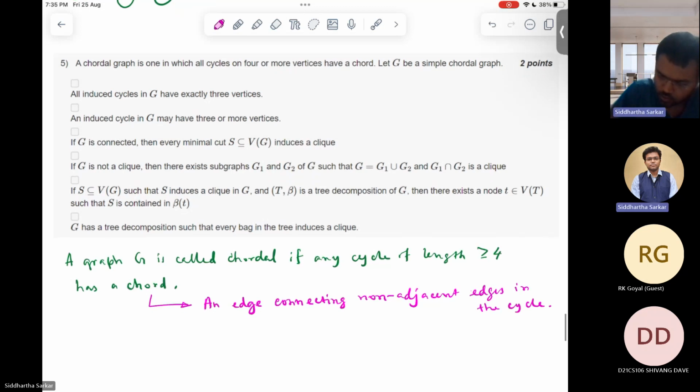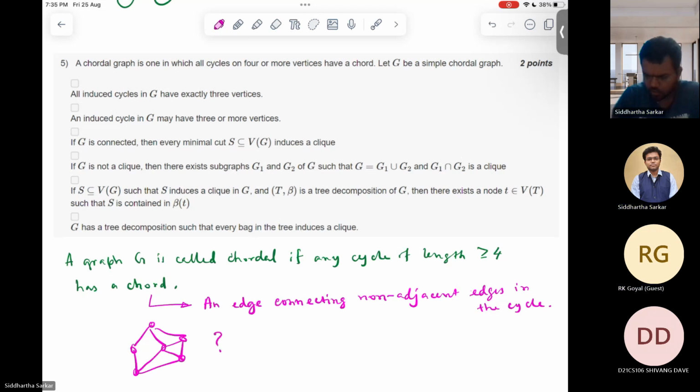Okay, so is this a chordal graph? Do we have a cycle of length greater than or equal to 4 here? 1, 2, 3, 4, and 5.